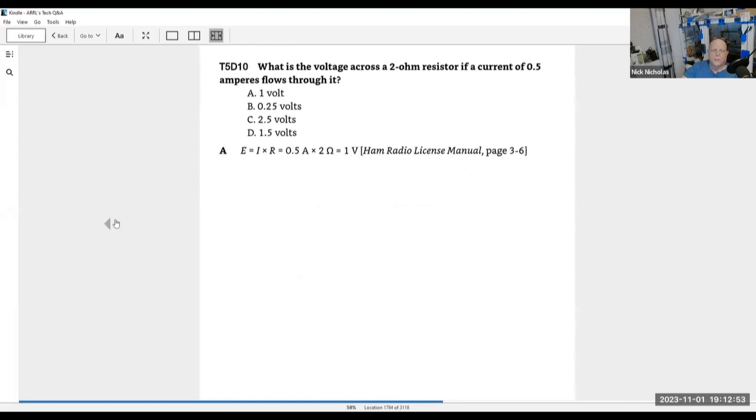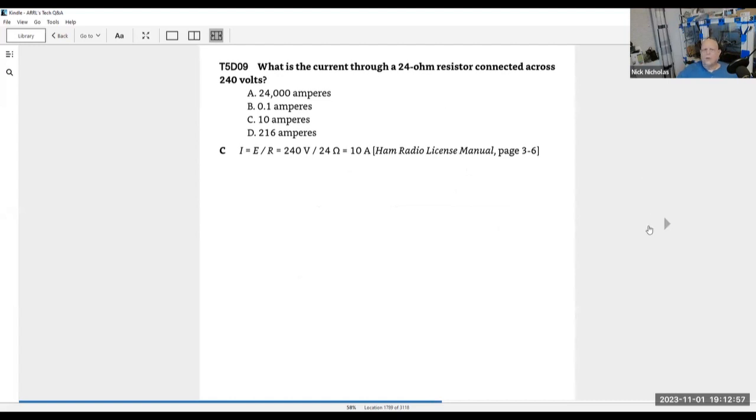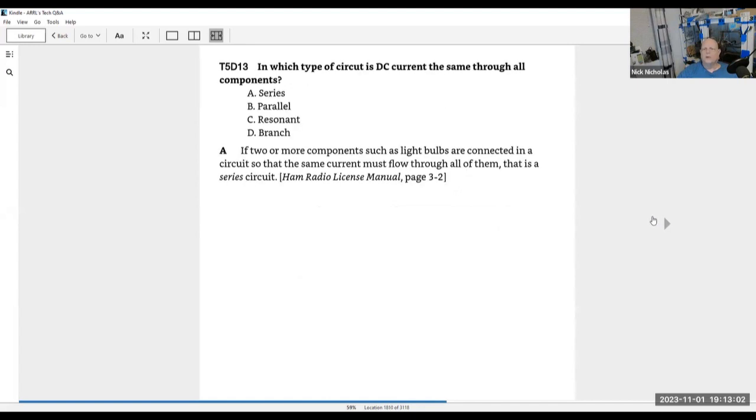The only thing I want to point out to you is occasionally they might throw in one where the units of measure don't match up. And you have to take into effect or factor in the idea that maybe one is given to you in millivolts and one in megaohms. Well, then you have to do the conversions because those equations only work right when the units are the even units.